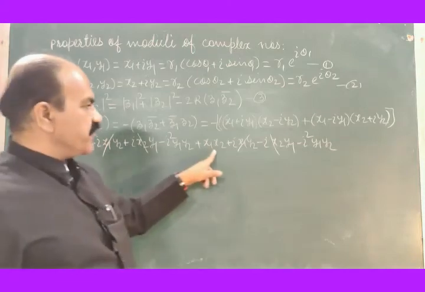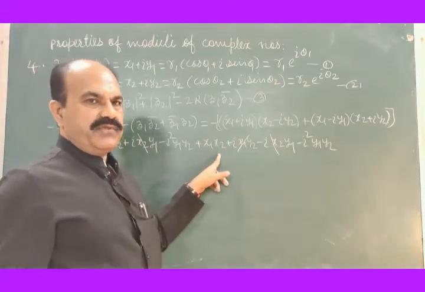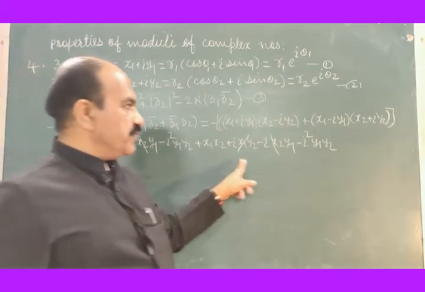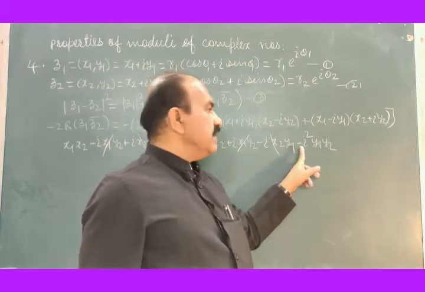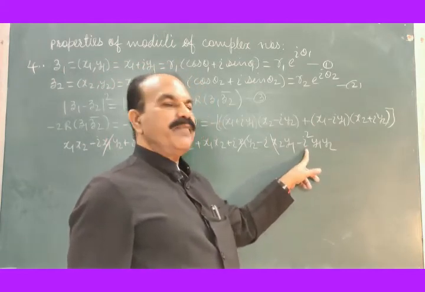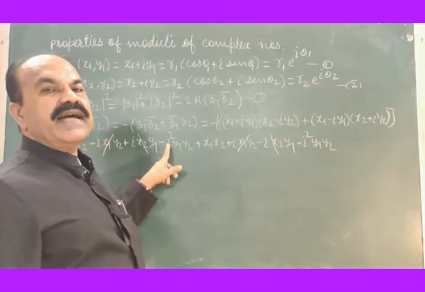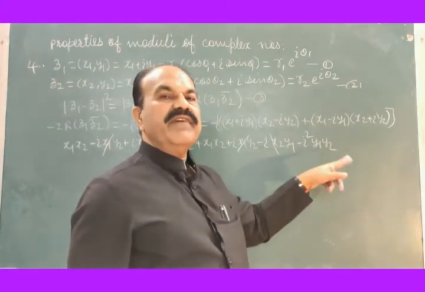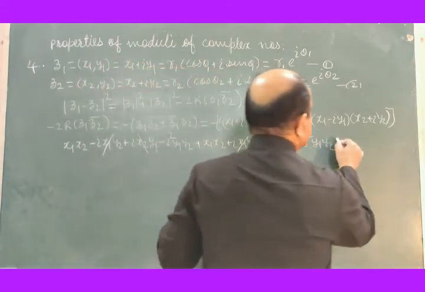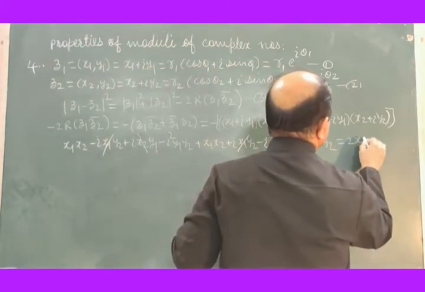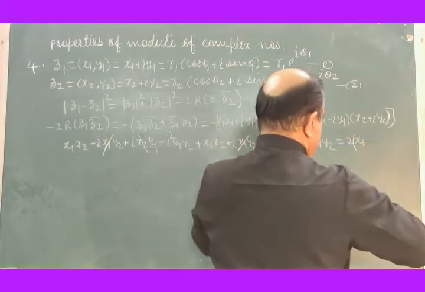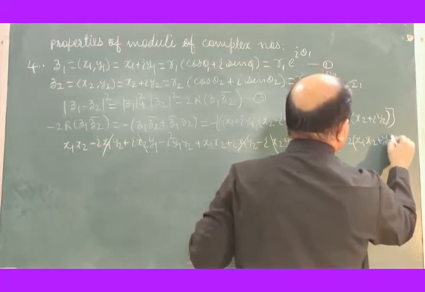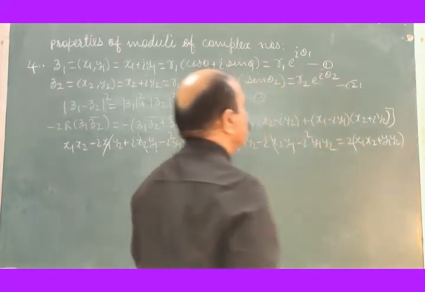x1 x2 plus x1 x2, it will be 2 x1 x2. Minus i square is plus, so y1 y2 plus y1 y2, 2 y1 y2. This is nothing but 2 times x1 x2 plus y1 y2.